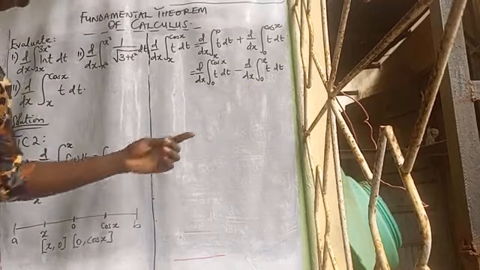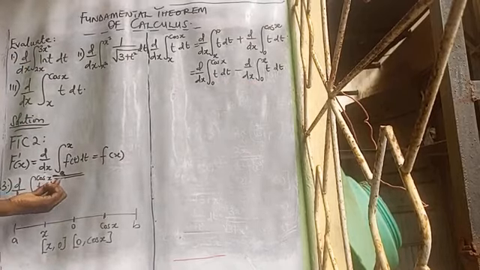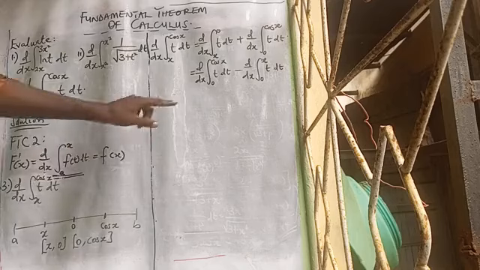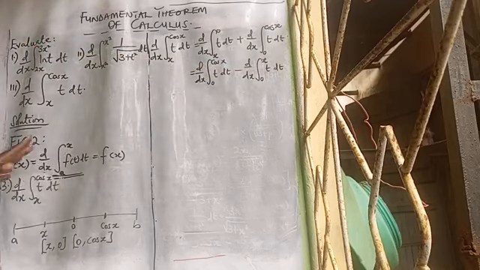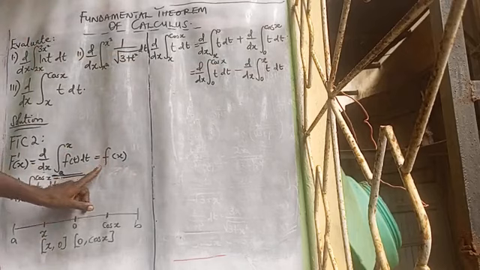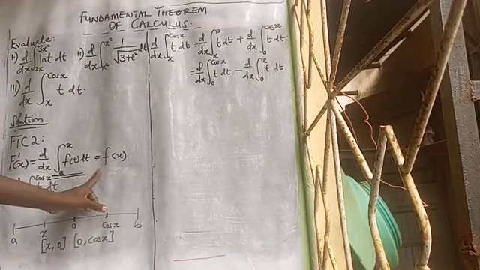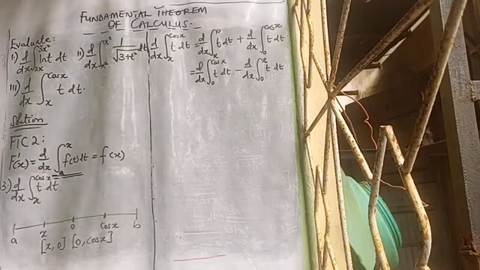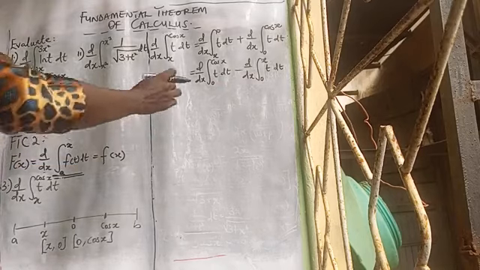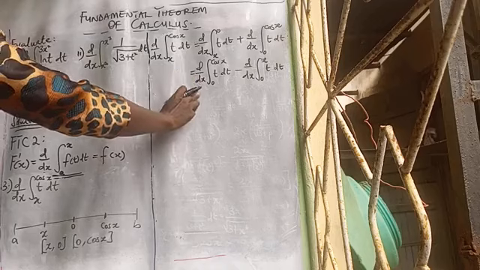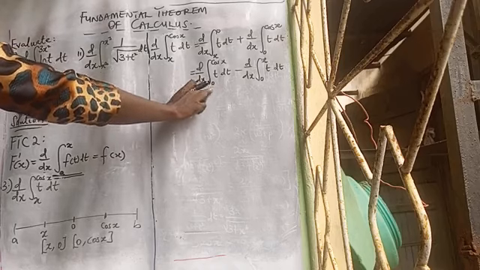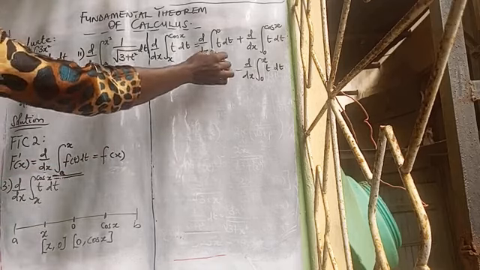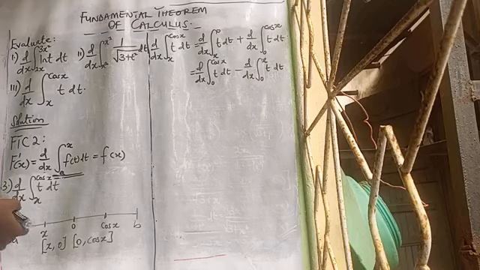This easily falls into play because my a is a constant 0, and my upper limit is just the variable x. So it tells me that according to FTC2, it is equal to f of x. But looking at the first half of that solution, I have my d dx. The lower limit of the integral is a constant, which is same as this, but the upper limit is a function of x.